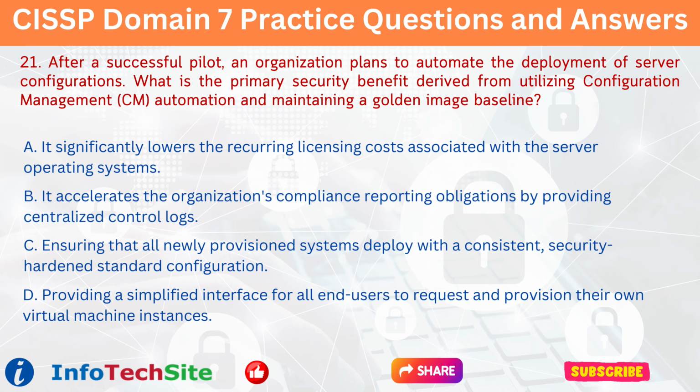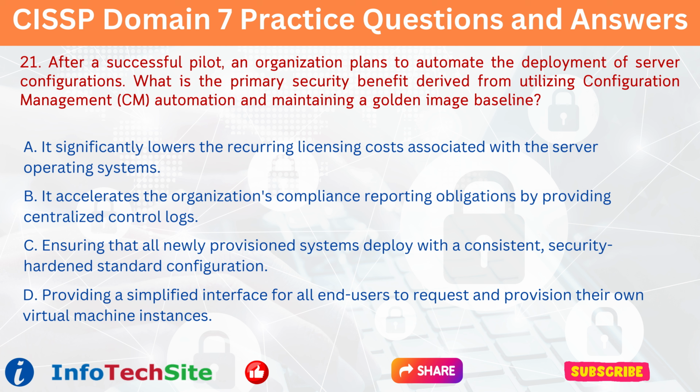21. After a successful pilot, an organization plans to automate the deployment of server configurations. What is the primary security benefit derived from utilizing configuration management, CM, automation and maintaining a golden image baseline? A. It significantly lowers the recurring licensing costs associated with the server operating systems.